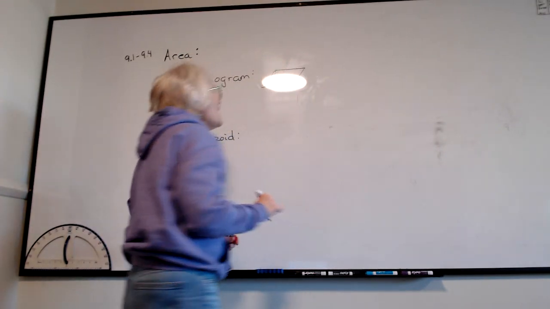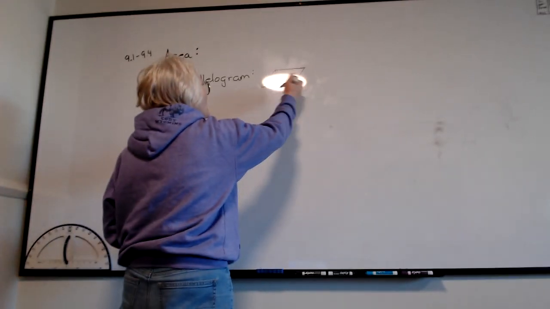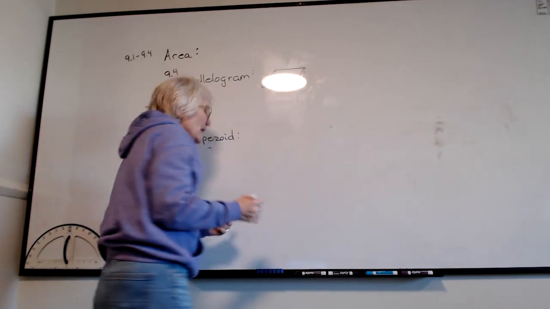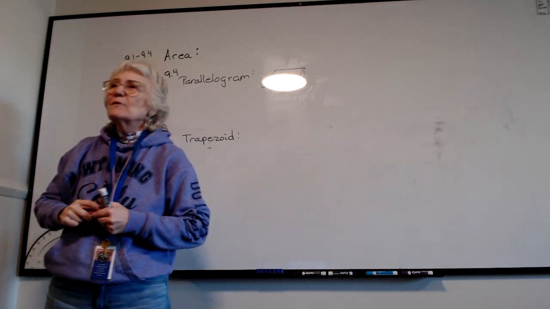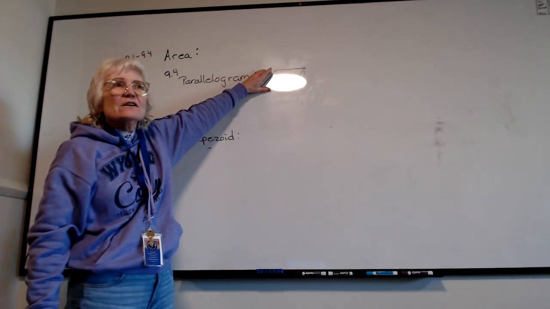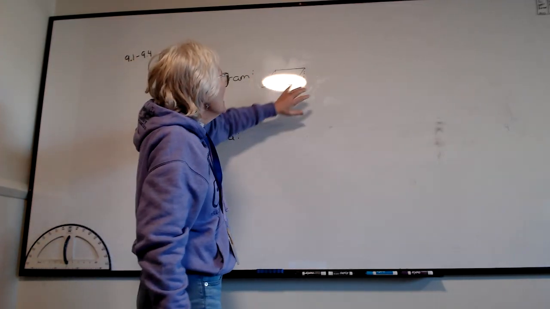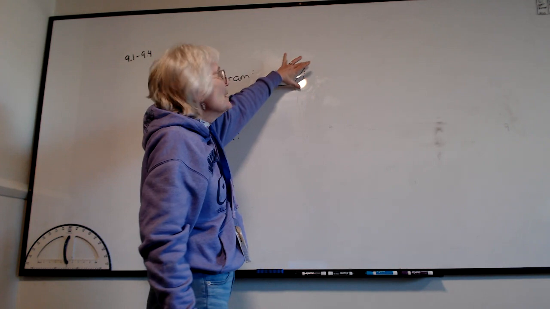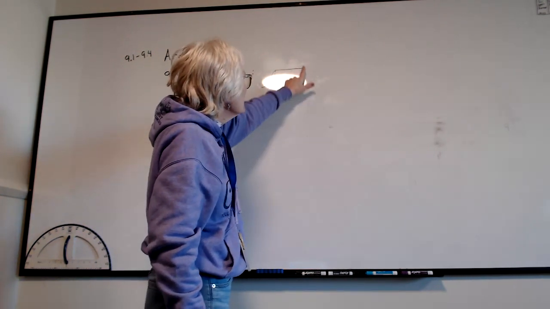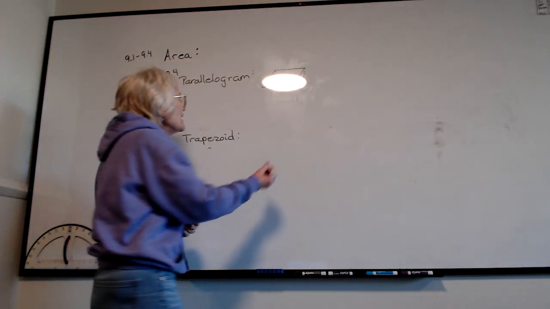If I take that, cut it off, and move it down here, what will I have? A rectangle. Do you see how if I cut off this triangle, because it's a parallelogram, I can move it down here? I know my drawings are not perfect, but it gives you this rectangle.